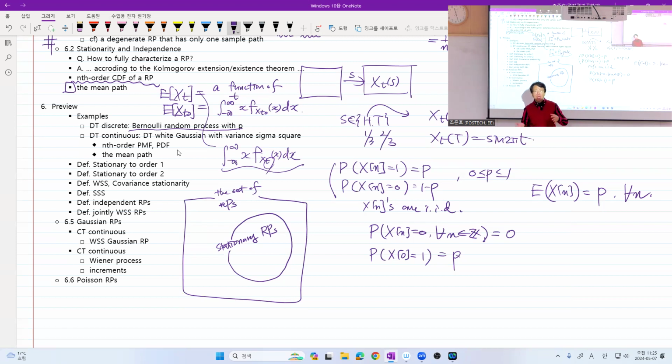But if you model it with some level of stationarity, then you can easily handle it. You assume it is a stationary random process and analyze it.